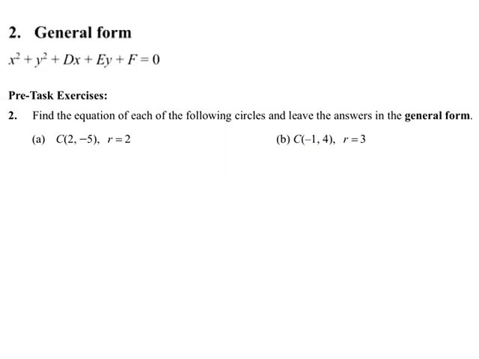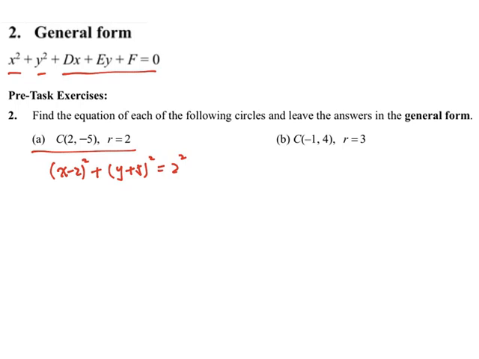Next, general form. The structure is like this: x squared plus y squared plus dx plus ey plus f equals 0. So we have this one. Now we will use the standard form to create the equation first and then transfer to general form. So (x minus 2) squared and then y negative, so plus 5 squared, equals 2 squared, the radius squared.